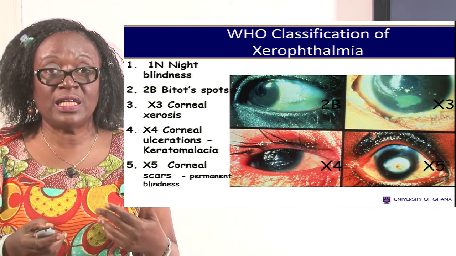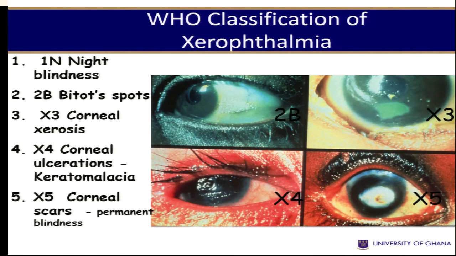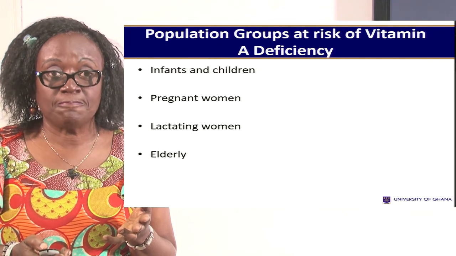And WHO has classified the stages of the deficiency for us. When it occurs at the Bitot spot level, one can easily work on it and reverse it. But if we sit there and it gets to the cornea, xerosis and so forth, then it becomes a challenge that cannot be reversed.